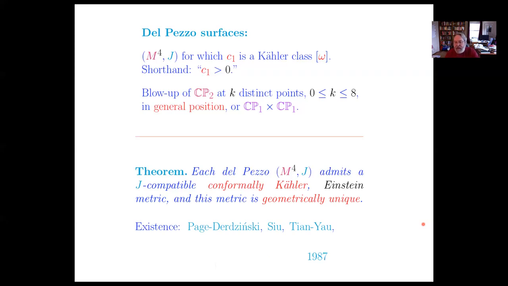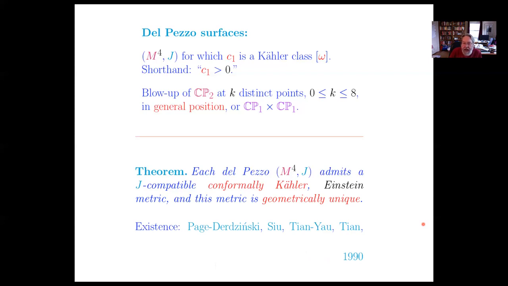Page had discovered a conformally Kähler metric on CP2 blown up at 1 point. Then Tian published a paper in 1990, which is usually credited with the statement that except for the 2 excluded types, there's a Kähler-Einstein metric on each of them.